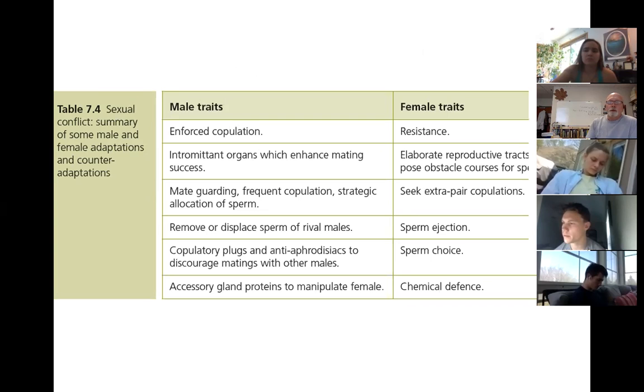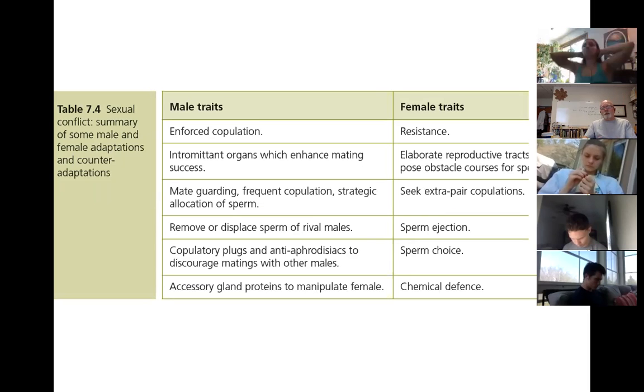We talked about things like damselflies and dragonflies, where the males have claspers that essentially allow them to dig previous male sperm out of the female. As a result, they get to replace the sperm of the male that the female has previously mated with with their own.